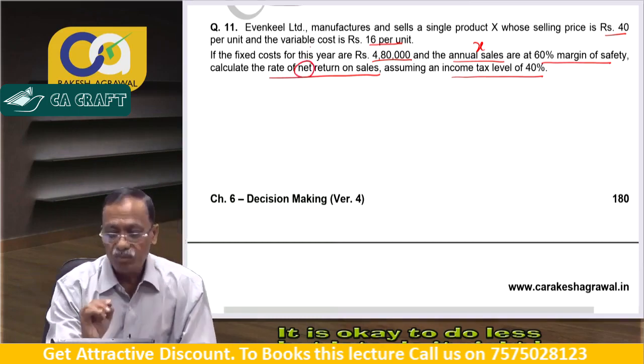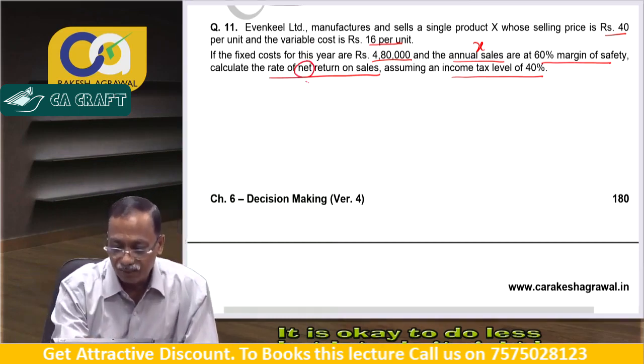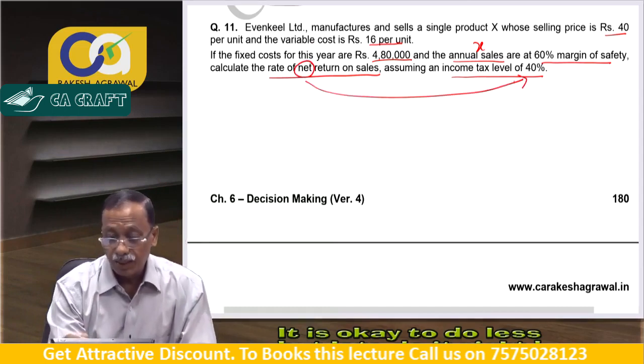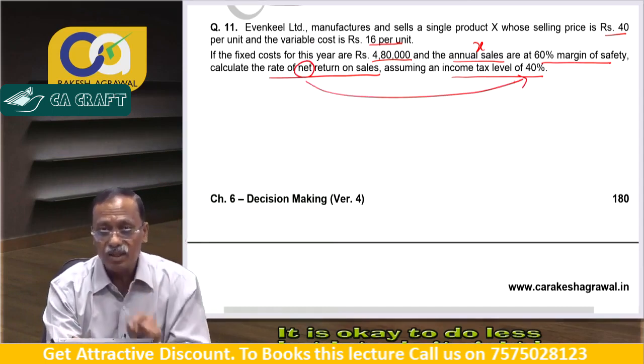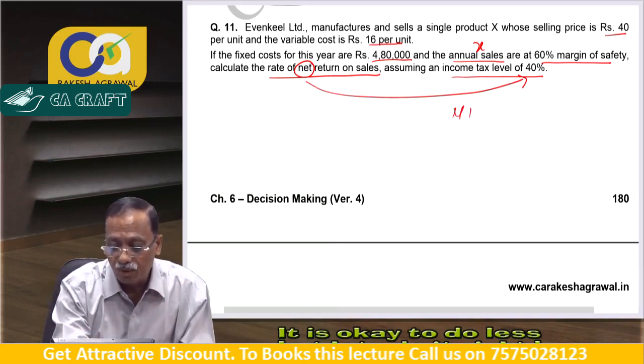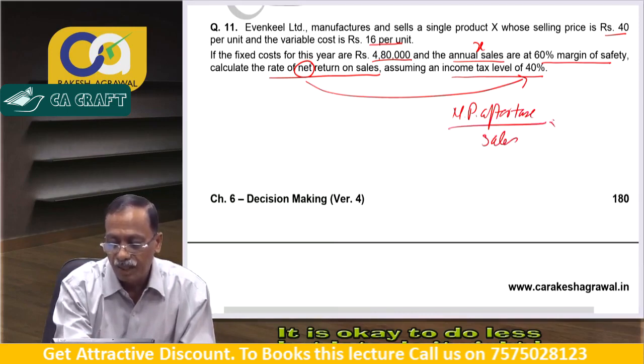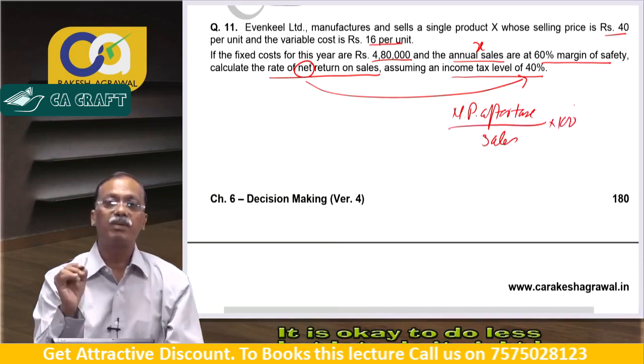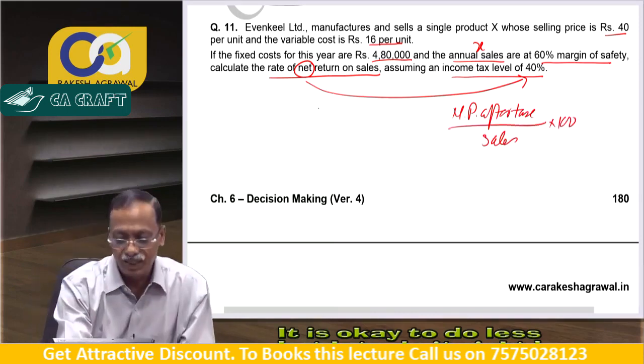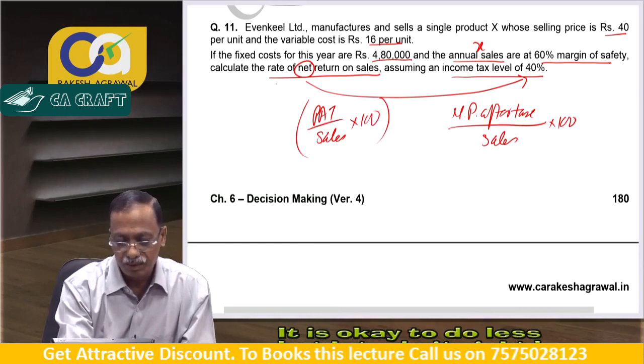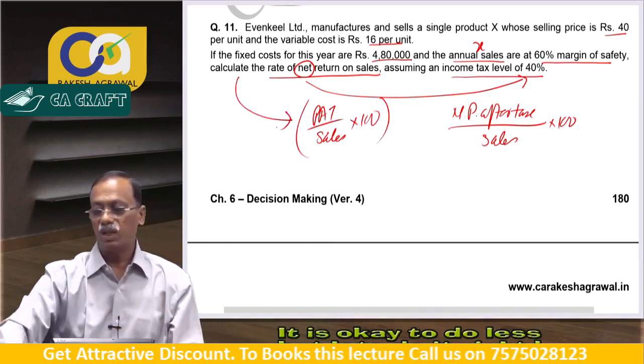Now here the word net means, because the income tax rate is given, the net rate of return on sales is net profit after tax divided by sales into 100. It means you have to calculate PAT, profit after tax, upon sales into 100. This is the answer they want. You have to calculate this ratio.